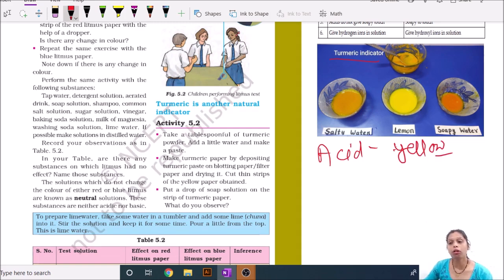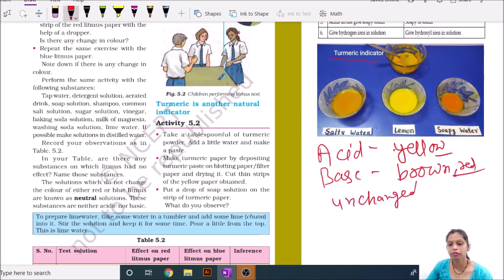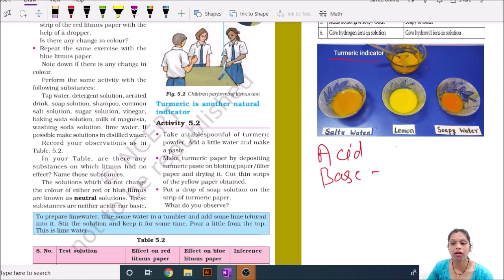And when you put a turmeric indicator into a base, its color changes to red brown. And when turmeric indicator is put into salt water, it remains unchanged. Then these are the characters of turmeric indicator for knowing a solution's character, whether it is acidic or basic.